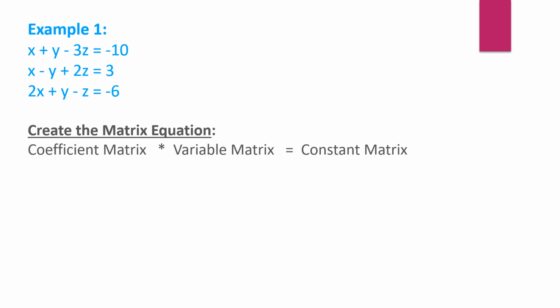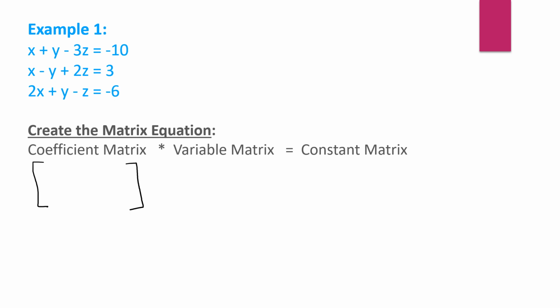So I've already got ourselves a little bit of notes, reminders from the last time. We need to have a coefficient matrix multiplied by the variable matrix to equal the constant matrix. And our first few examples, we are just straight up practicing our skills.